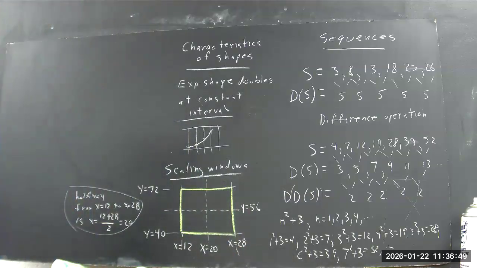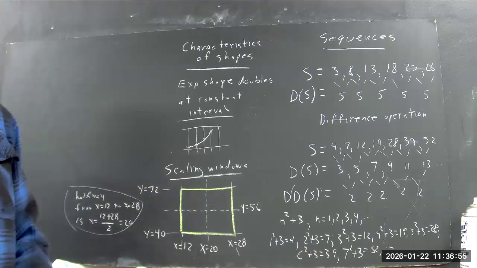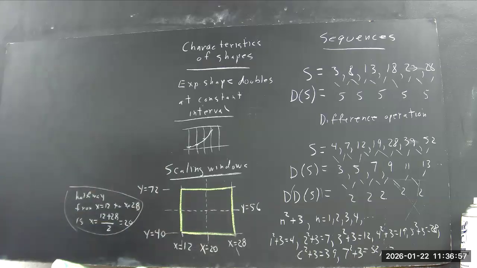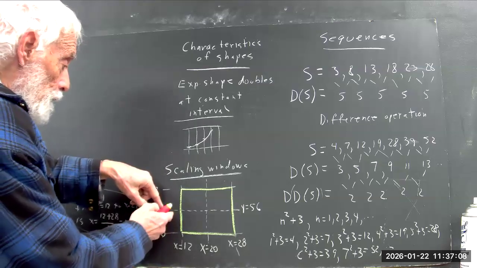Another way to do it is from 40 to 72 is 32. Half of that is 16. Add 16 to 40. If you understand that, it's also valid. And sometimes you do that quicker than you can add and divide by 2. So know that you can do it both ways. Just find the difference, take half the difference and add to the lower one.